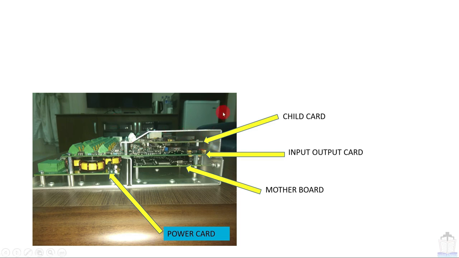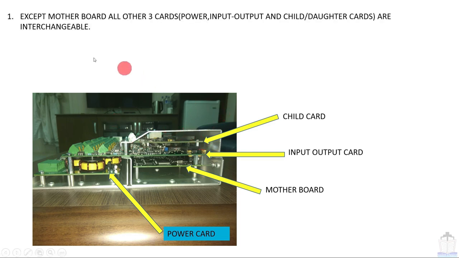Now here we are going to discuss some fundamental things. So first one is except motherboard, all three cards, means power, input output and child or daughter cards, are interchangeable, means you can interchange these cards from one MPC to other MPC. Whereas this is not recommended, you can do all these things only in case of emergency.